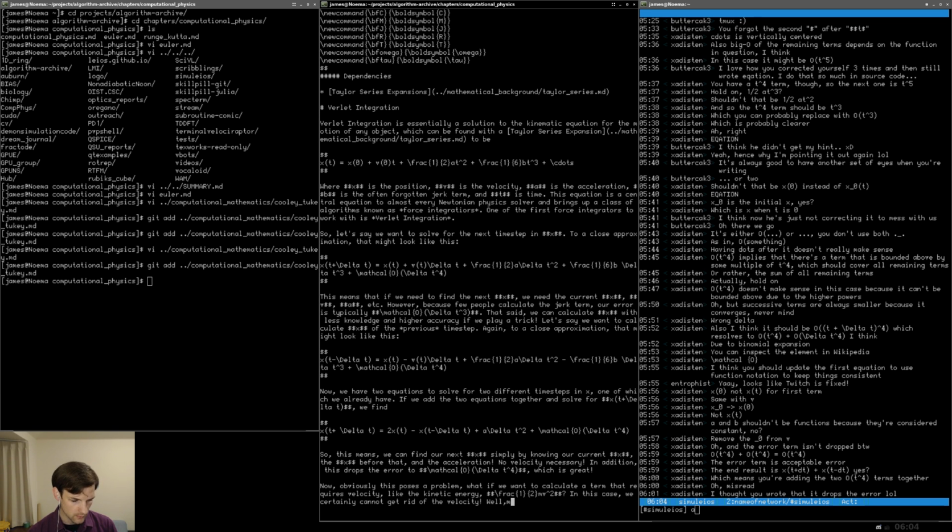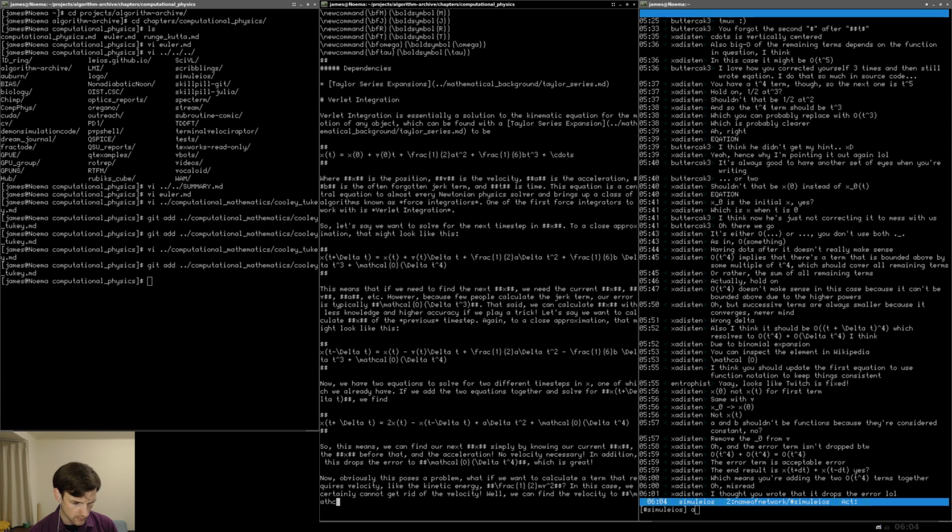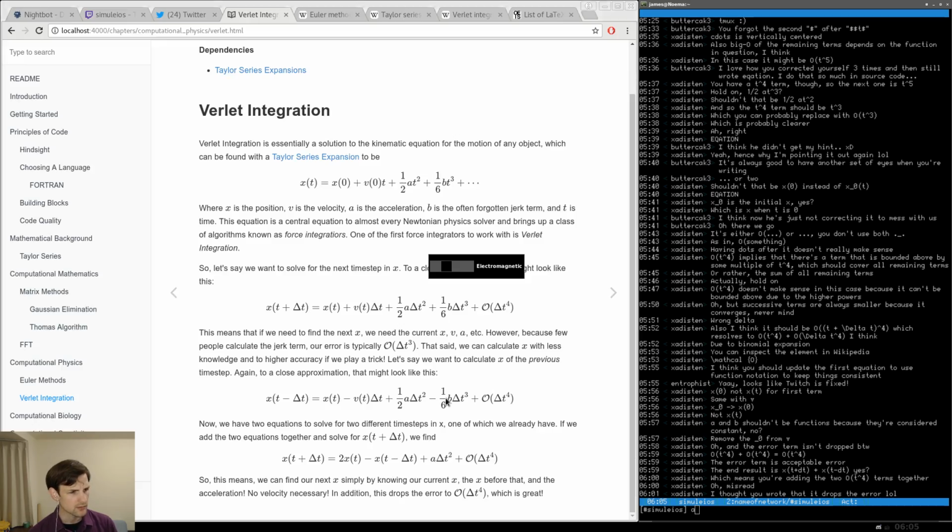Well, we can find the velocity to, let's say, order delta t accuracy by using the, I think it's Stormer, is it Stromer?